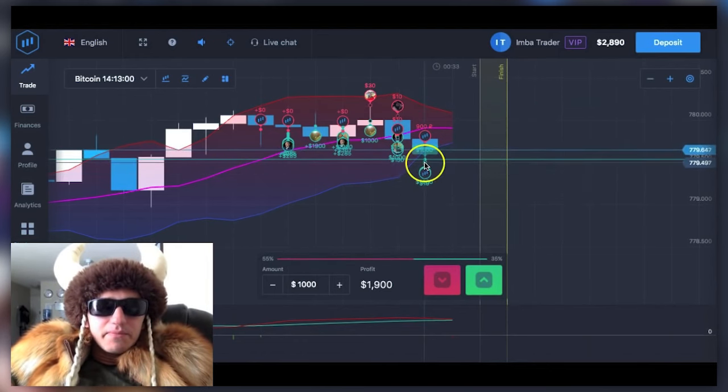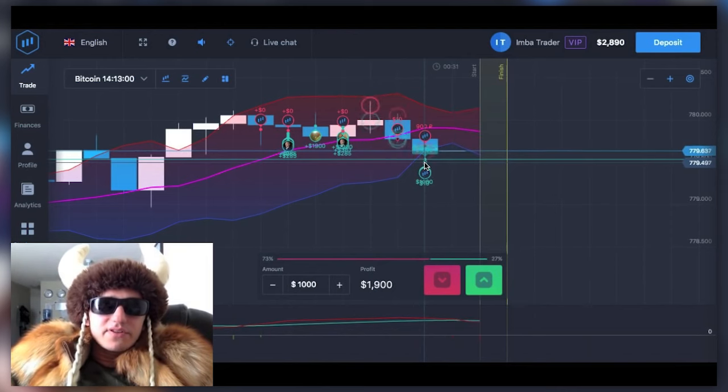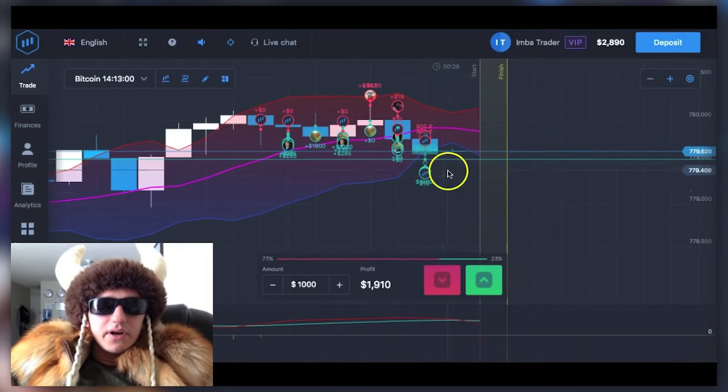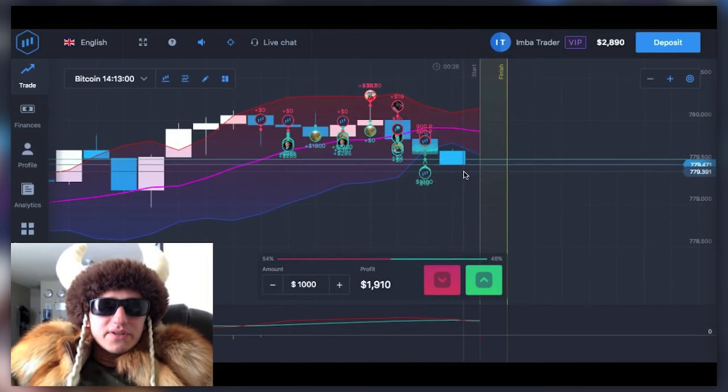And let's see if it works out this time. We got 30 seconds, and it's really hard to judge right now if I was right, but anyway, let's see how it goes.